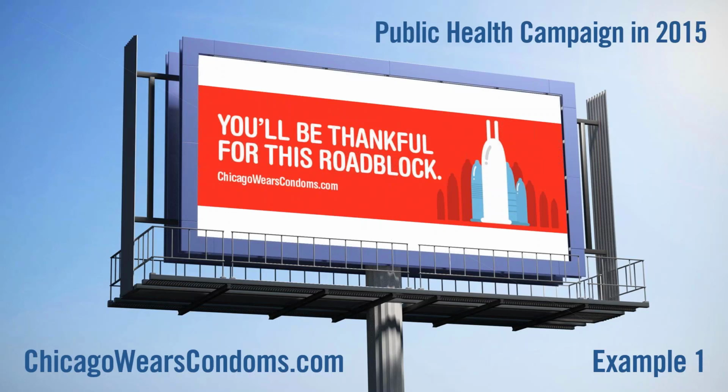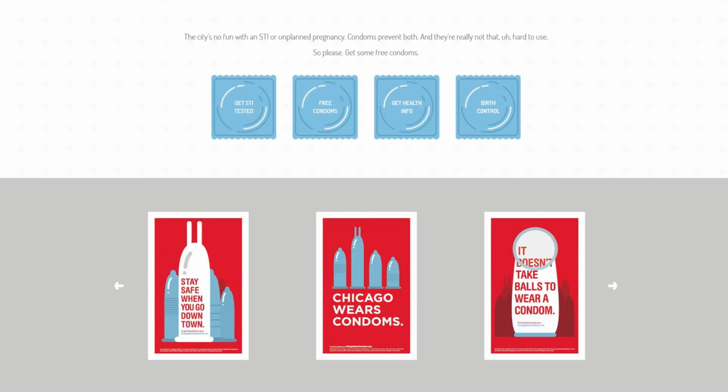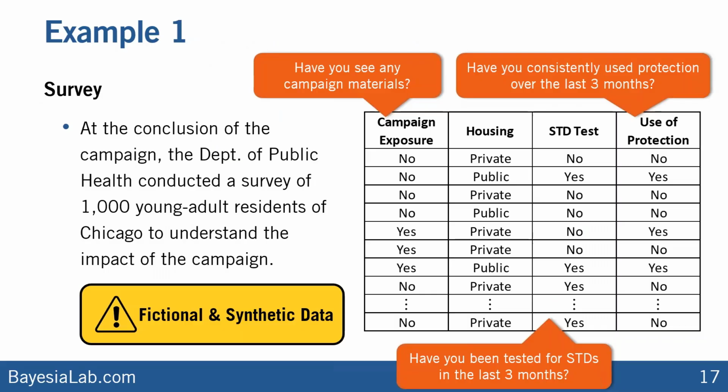This campaign ran in 2015 and was titled Chicago Wears Condoms. Beyond advocating safe sex practices and birth control, it also encouraged people to get tested for sexually transmitted infections. This campaign was aimed at teenage and young adult residents of Chicago, and it seems there was an apparent focus on underprivileged and minority groups.